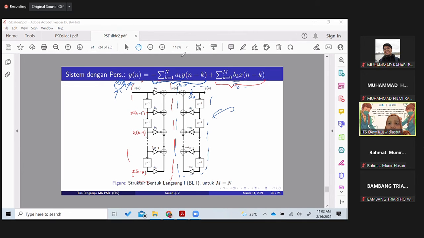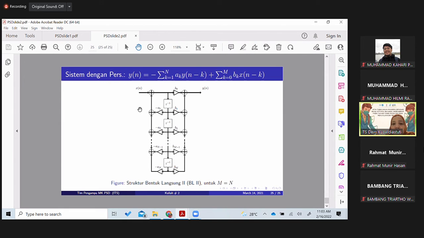And this we call direct form 1, or the first direct form structure of the system, where M equals N. And the simplified version of the system realization is here.